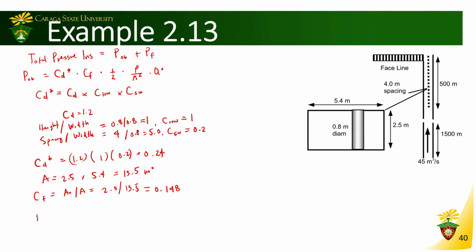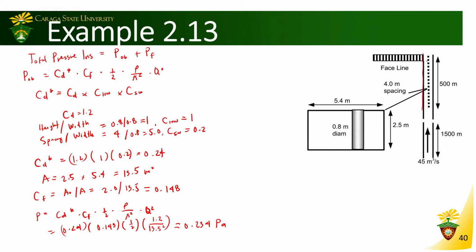From our equation before, the pressure loss is equal to C sub D corrected times C sub F times 1/2 times rho over A squared times Q squared, and this gives us 0.24 times C sub F, which is 0.148, times 1/2 times rho 1.2 over A squared, 13.5 squared, times 45 squared, and this gives us 0.234 pascals. Remember that this is for only one pipe support.